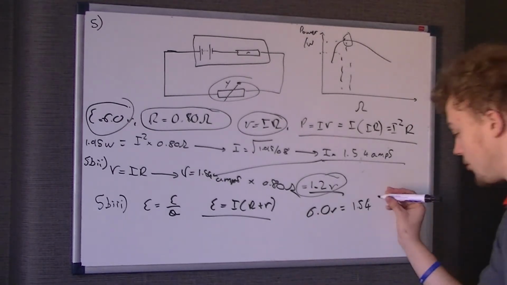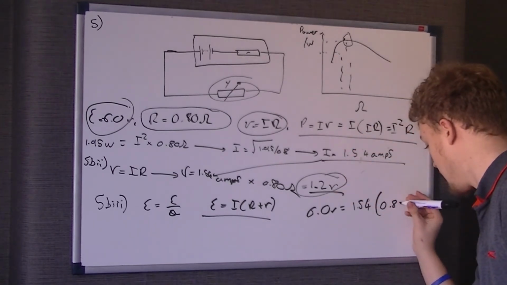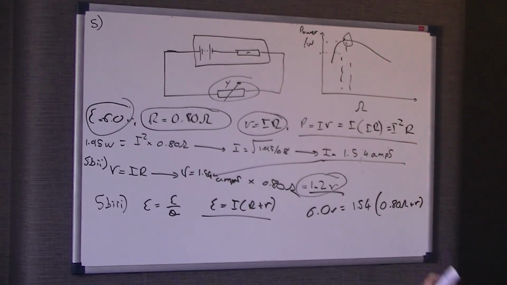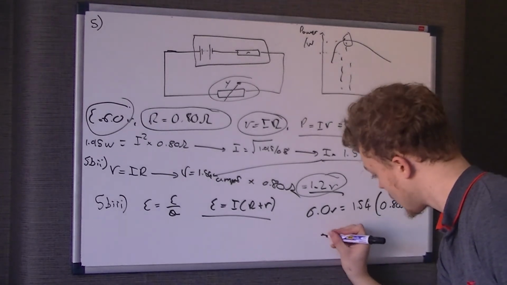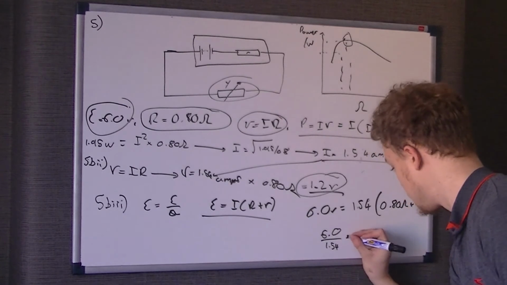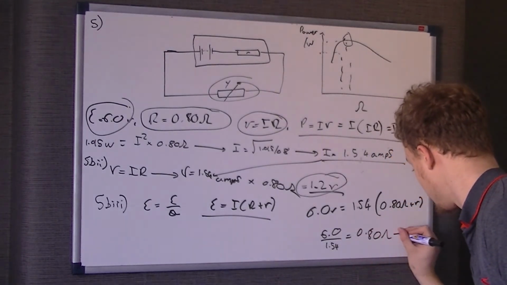So it's 1.54 times the Y resistance, which is 0.8 ohms, plus little r. You rearrange that, so 6 volts over 1.54 amps is equal to 0.8 ohms plus little r.